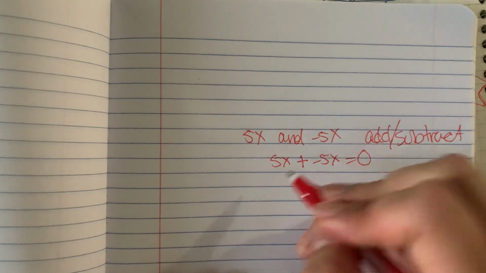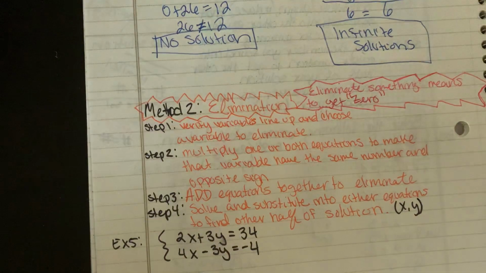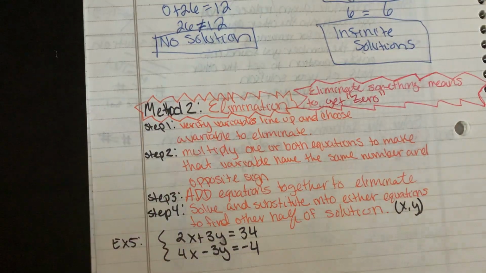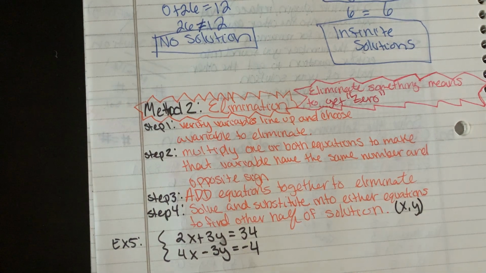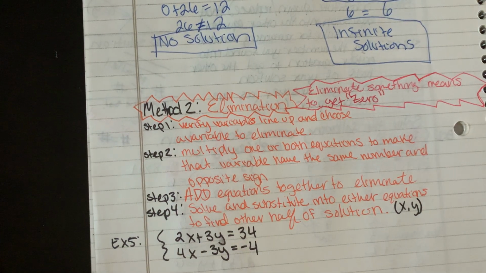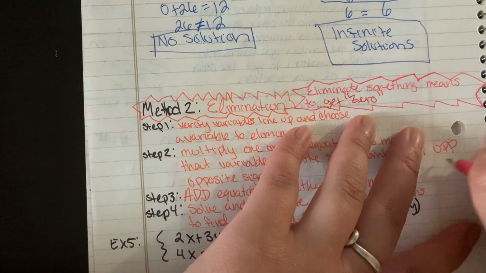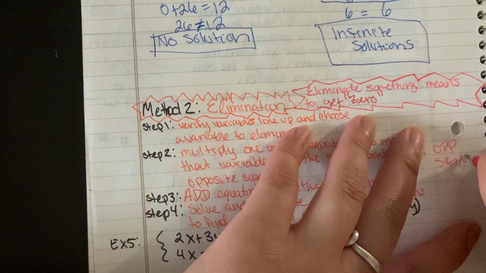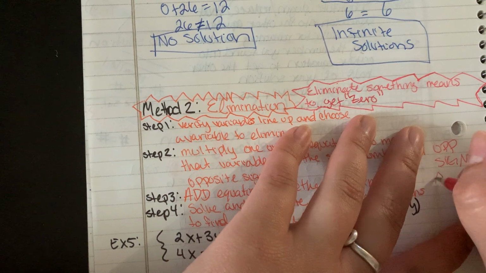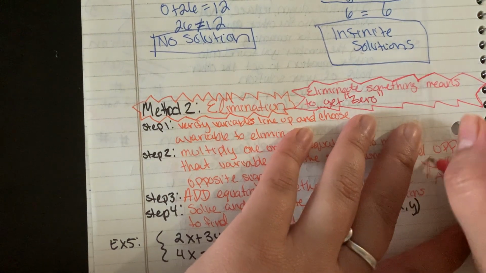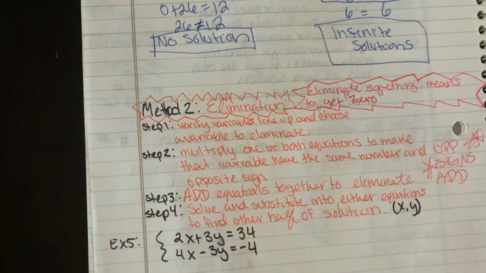But if you have opposite signs, let's go on ahead and fill this in. What I made kids write is, if you have opposite signs, then you're going to add, right?